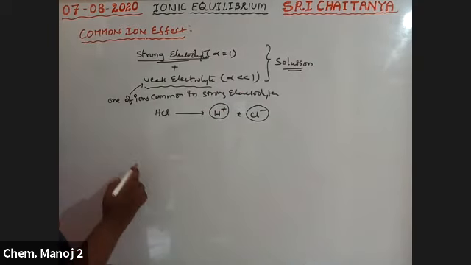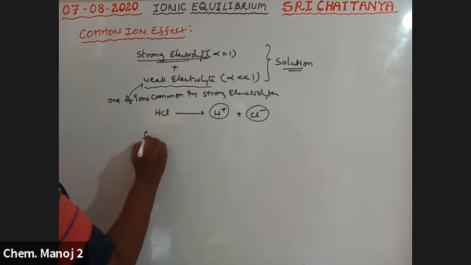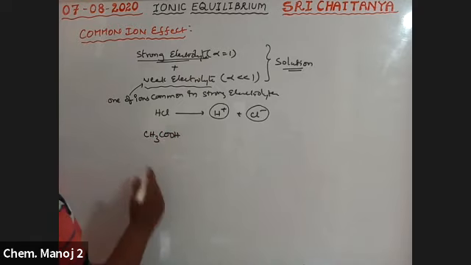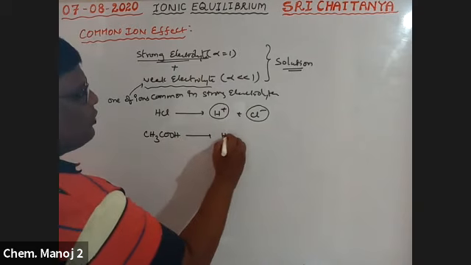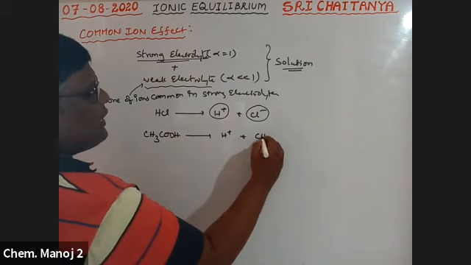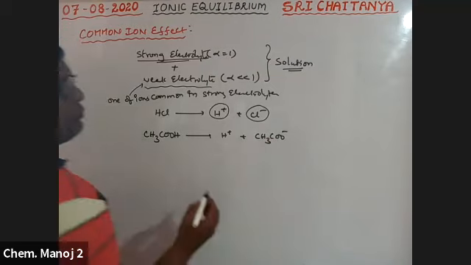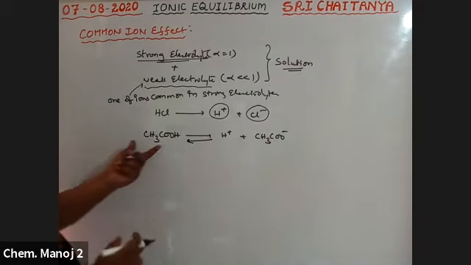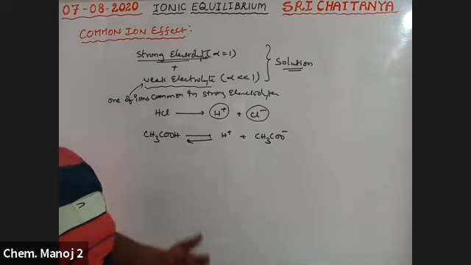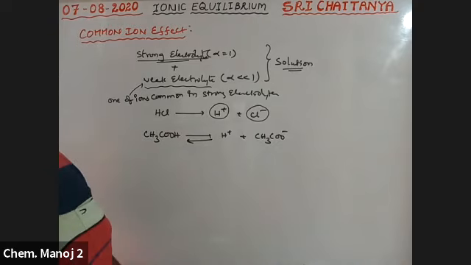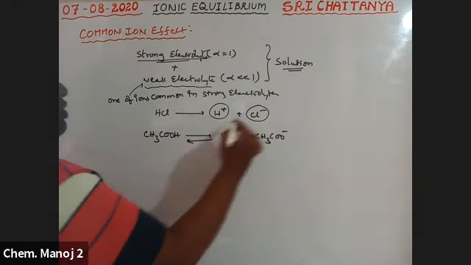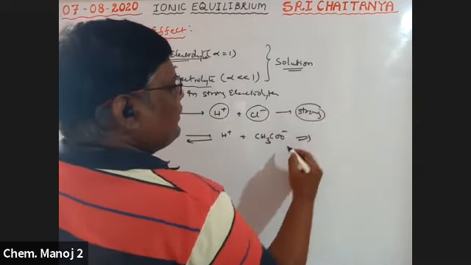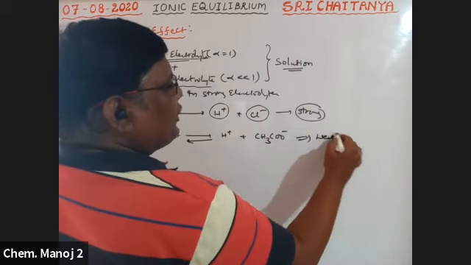That is why I am taking CH3COOH. It is a weak acid, a weak electrolyte. So it ionizes into H⁺ ion and CH3COO⁻ ion. Because it is a weak electrolyte, there is reversibility in the reaction. So between the undissociated part and the dissociated part, there is an equilibrium. See boys, this is the strong electrolyte and this is the weak electrolyte combination.